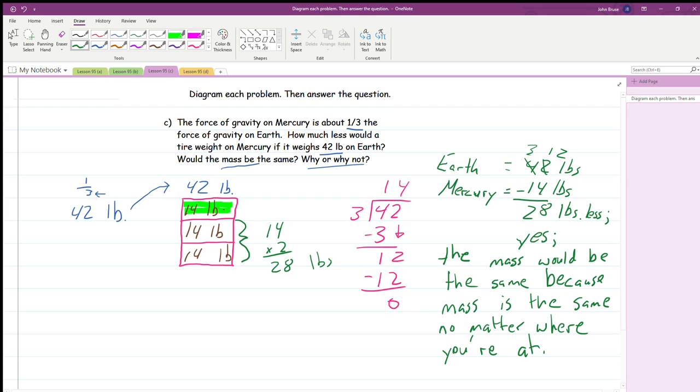Now this was a word problem answer and I wrote a sentence, so I'm going to fix this first letter here because I know this isn't English, but I want to make sure I have a capital letter at the beginning of my sentences.